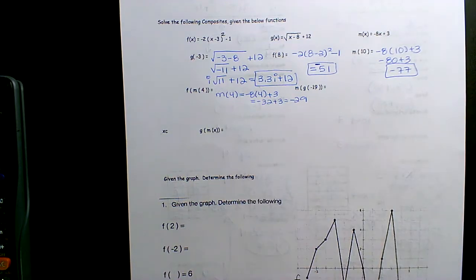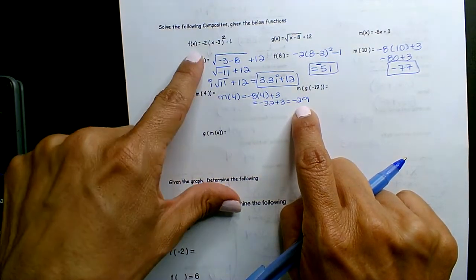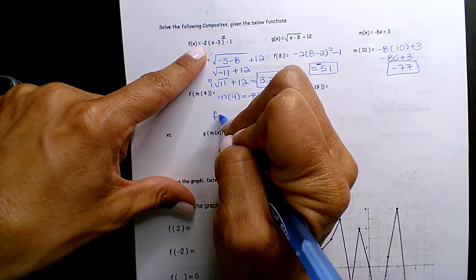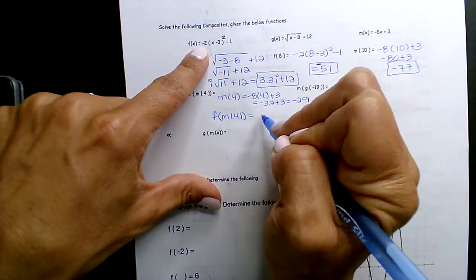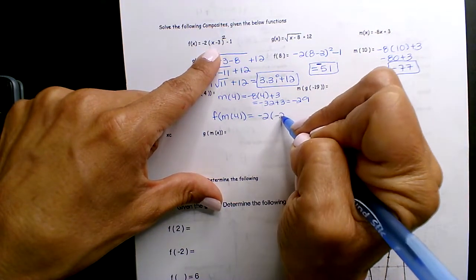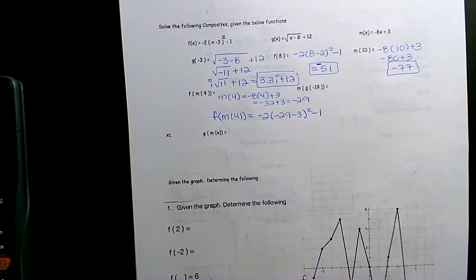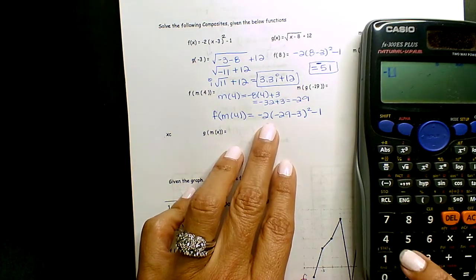So as you look at your test or your quiz, you'll see negative 29. A lot of you have that number. You understood that substitution. That was great. So now that negative 29 is going in for x in f of x. So f of m of 4 is negative 29 getting substituted in this, and you can grab the calculator.